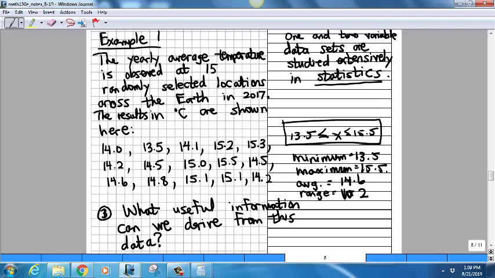The more accurate value is actually 14.7. So this average of these 15 data values is very close to the more accurate estimate, which is 14.7.